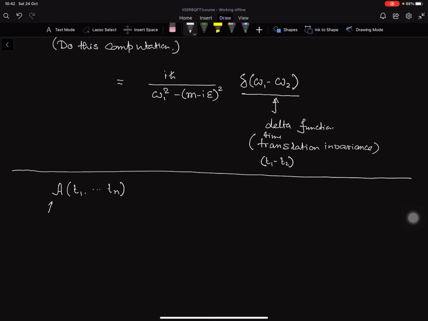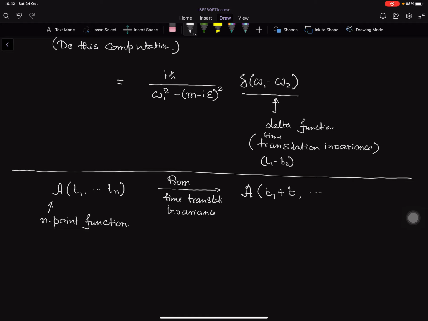Let's say this is the n-point function. Now from time translation invariance, this thing is the same as the same function with all times shifted by t, where t is some constant.